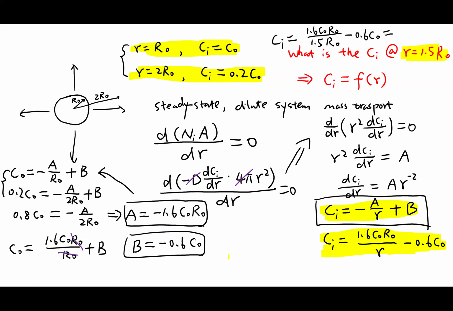Okay, so what do you get? 1.6 divided by 1.5 is 1.07, and then 1.07 minus 0.6, you get 0.47 C naught.